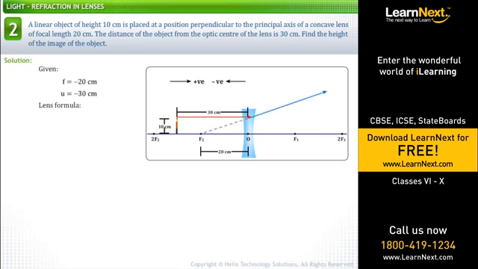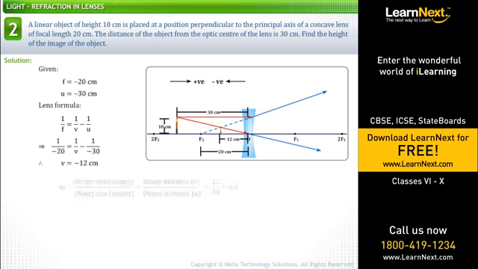According to the lens formula, 1 divided by f is equal to 1 divided by v minus 1 divided by u. Substituting values and simplifying, 1 divided by minus 20 is equal to 1 divided by v minus 1 divided by minus 30. Therefore, v is equal to minus 12 centimeters.